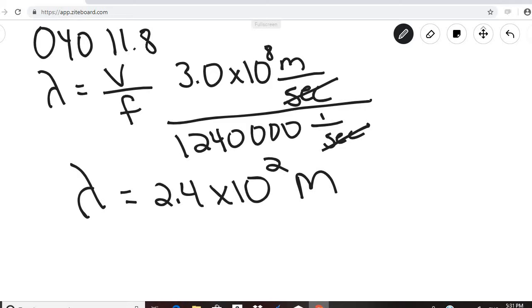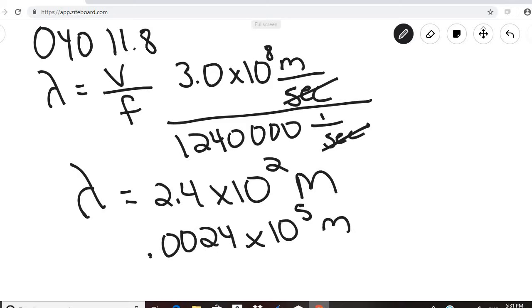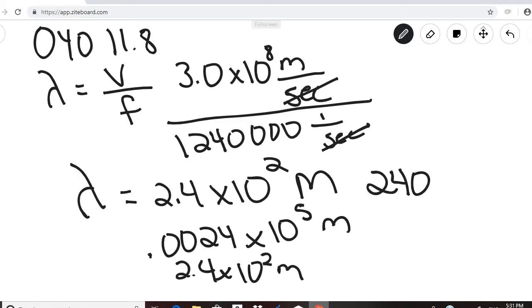This may have come out as 0.0024 times 10 to the 5th meters. So then if we move it three spaces, that would make it 2.4 times 10 squared meters. And you could have also said 240 meters and still been okay on your significant figures.